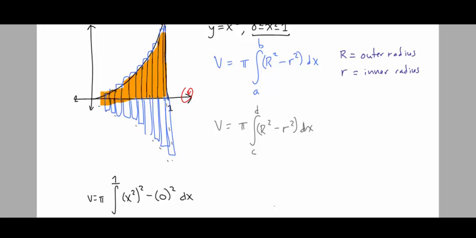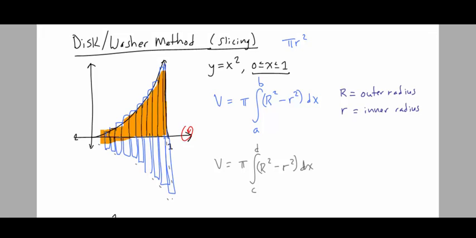So why would we choose to use this method over any other? Well, this is the only method we know so far, but also keep in mind this is what we would use when the boundary equation, and again our boundary equation in this particular case is x squared, is in terms of the axis of rotation.